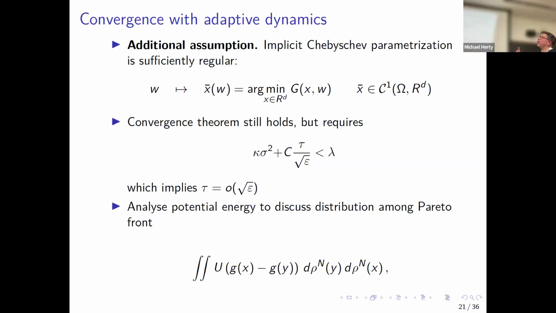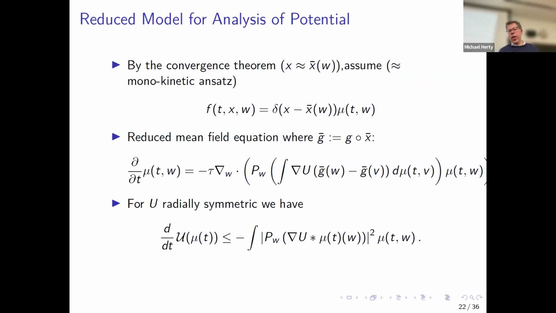Under these assumptions, you can prove this result. You can also show that the potential actually decreases once you are on the Pareto front. There's an estimate here, which is only true for radially symmetric potentials. The point is maybe not these computations, but that on the mean field level we now have an extended phase space, but we can show some nice convergence result for this situation using these PDE results.